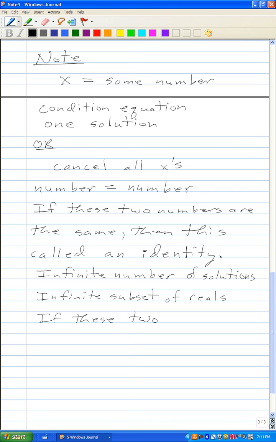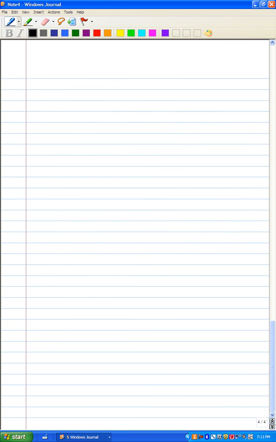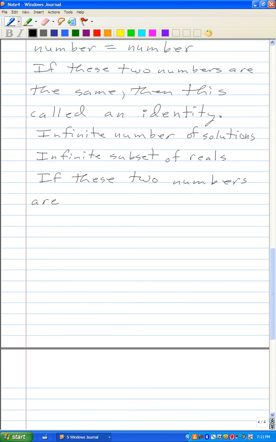If you come up with a situation when you have 18 equals 45, and so these two numbers are different, then this type of equation is a contradiction.